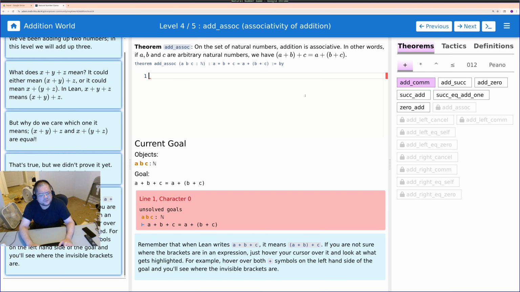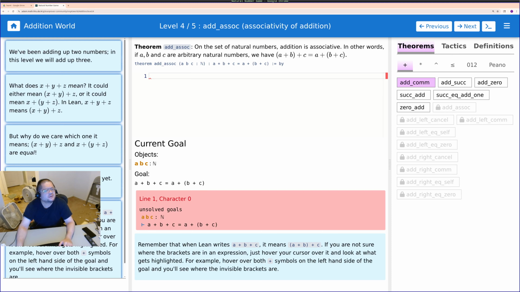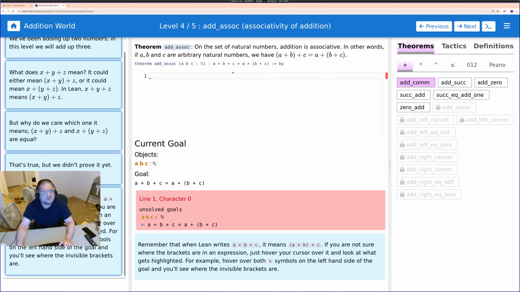Add associative. We have add commutative right now. Can we use that? Probably not. What is this telling us? Probably to, do we have to induct again? Let me think. It's probably induction.